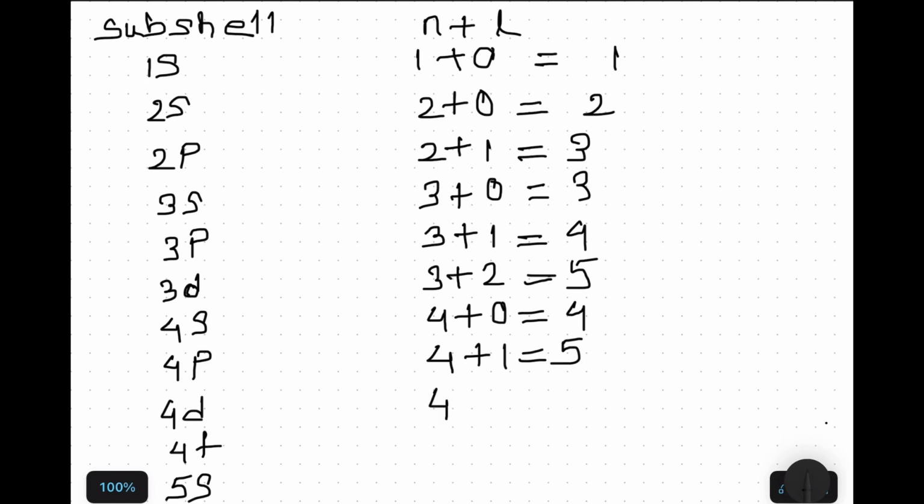For 4d, 4 plus 2 is equal to 6. For 4f, 4 plus 3, that means 7. And for 5s, 5 plus 0 is equal to 5.